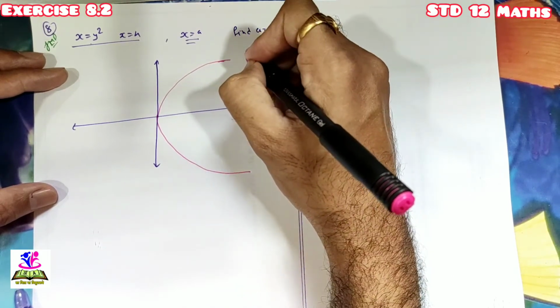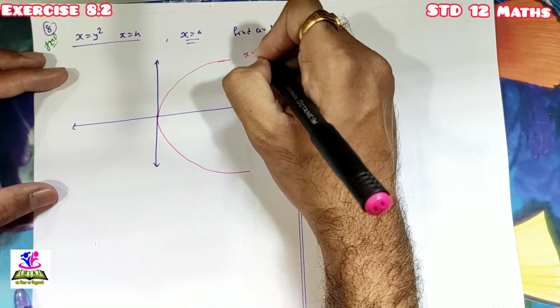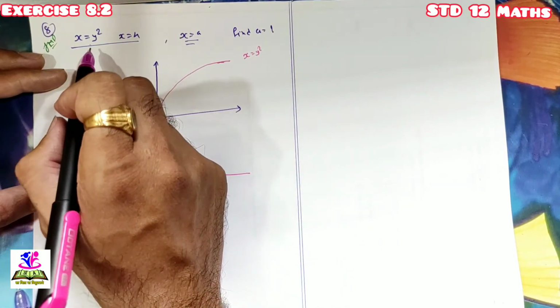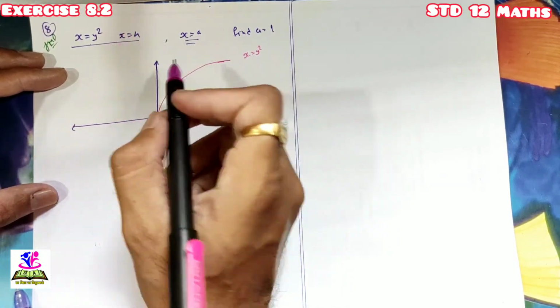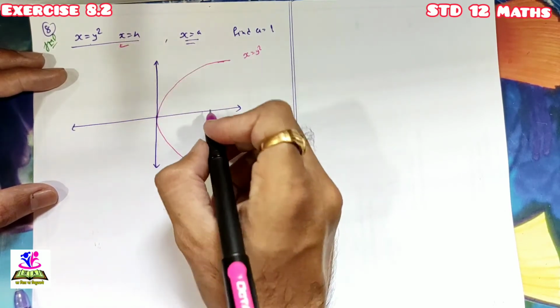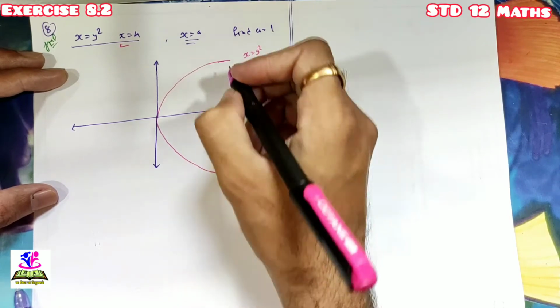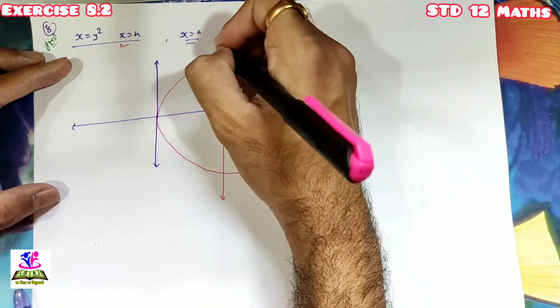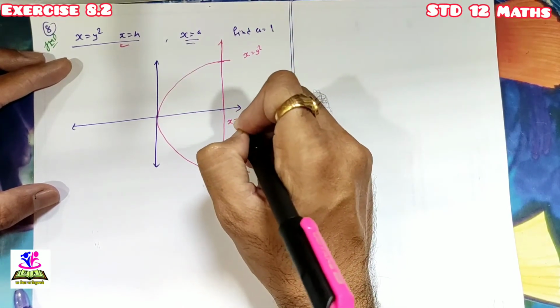This is the curve of parabola x equal to y square. So the area between this curve and line x equal to 4. Line x equal to 4 is the line perpendicular to x axis at x equal to 4. Suppose x equal to 4 is over here.